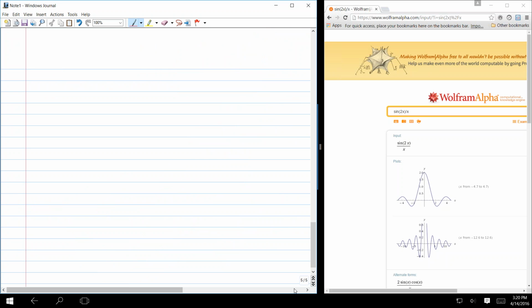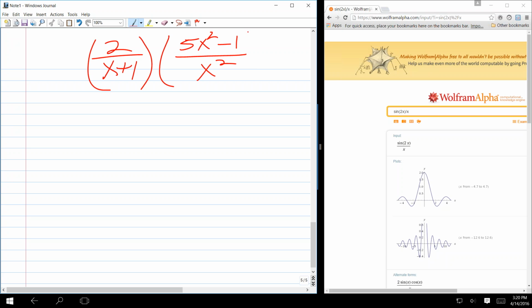So I have 2 over x plus 1 in parentheses, and then in another set, 5x squared minus 1 over x squared. But the 2x is like separate from the 1, so it would be 2 over x plus 1.